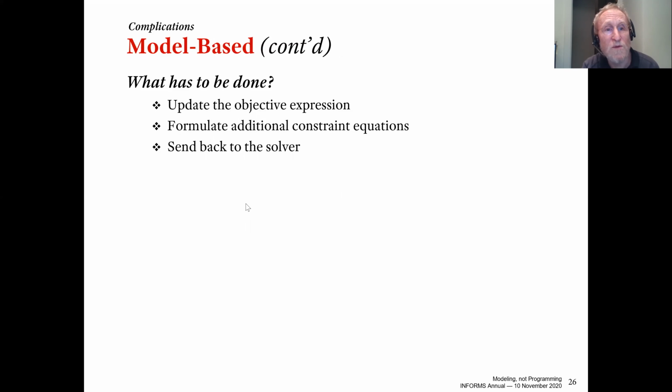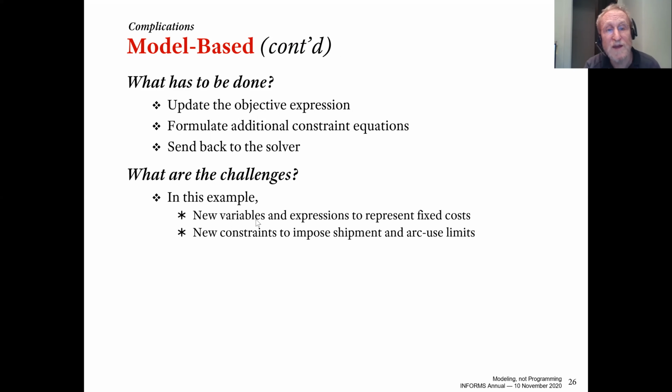Now, model-based, what has to be done? Well, I have to update the objective expression, formulate some additional constraint equations, and send back to the solver. So basically, the challenges are that I have to add new variables and expressions to represent the fixed costs and some new constraints to impose shipment and arc use limits.